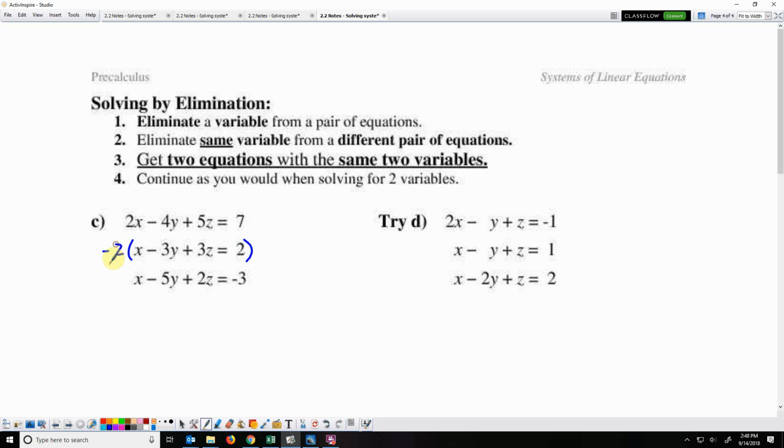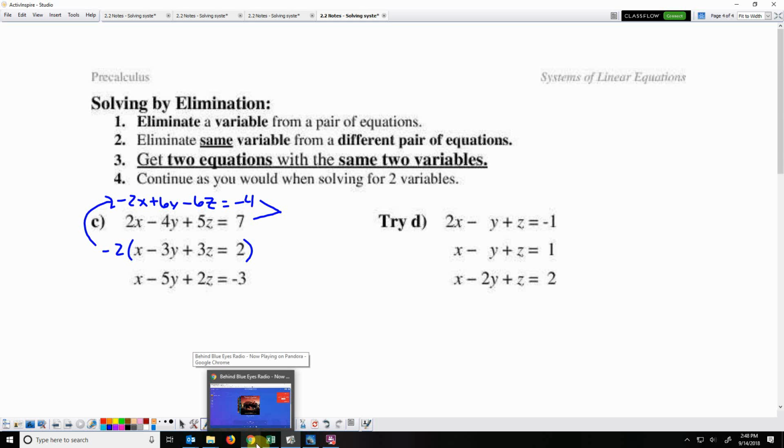So I'm going to multiply this equation by negative 2. Okay, I'll rewrite it right up there. So negative 2x, and then positive 6y, negative 6z, and equals negative 4. And I'm going to combine those two equations.